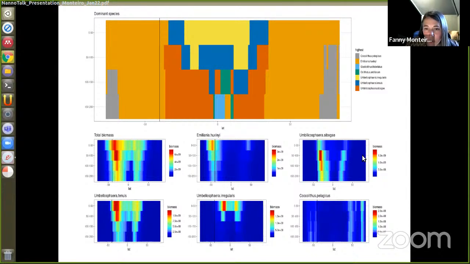For the Umbelliforms, it depends on which type: tenuis and irregularis are quite surface to subsurface. But the Cibogae seems to be more at about 50 to 100 meter depths, so that particular group seems happier deeper. In terms of the dominant species with depth, Cibogae is in dark orange here. It's really the dominant one in the model, whereas the light yellow is the surface one, Umbilicosphaera irregularis.